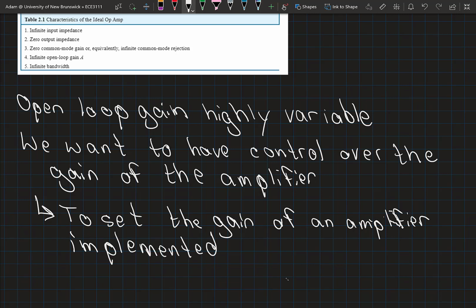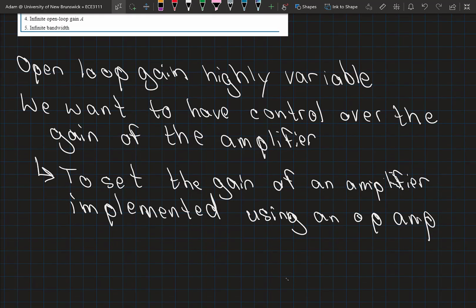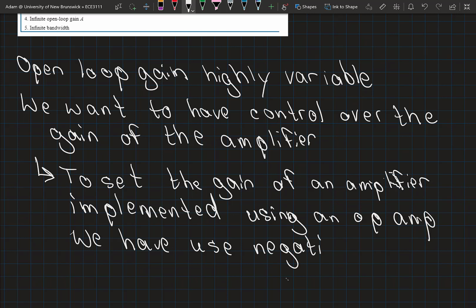So for an amplifier that's implemented using an op-amp, we have to use negative feedback to control and stabilize the gain.